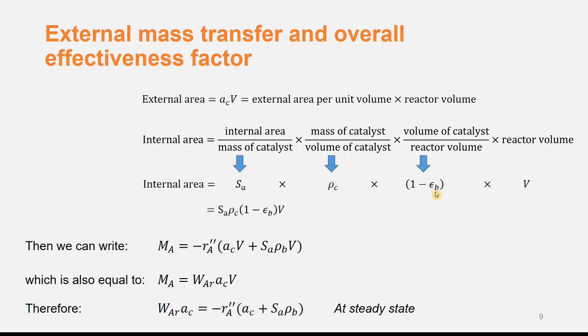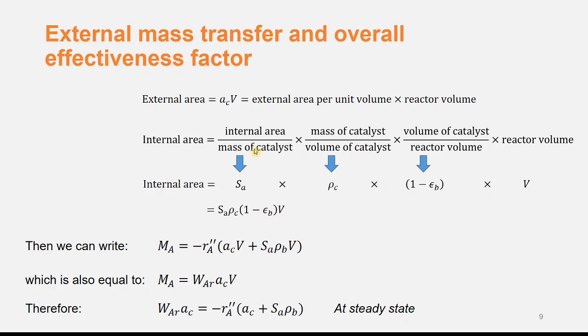That is the volume of free space between the catalyst pellets divided by the total volume. So 1 minus this is the volume of catalyst pellets divided by the total volume. Now we have the surface area per unit total volume. We just multiply by the reactor volume to get the total internal surface area.